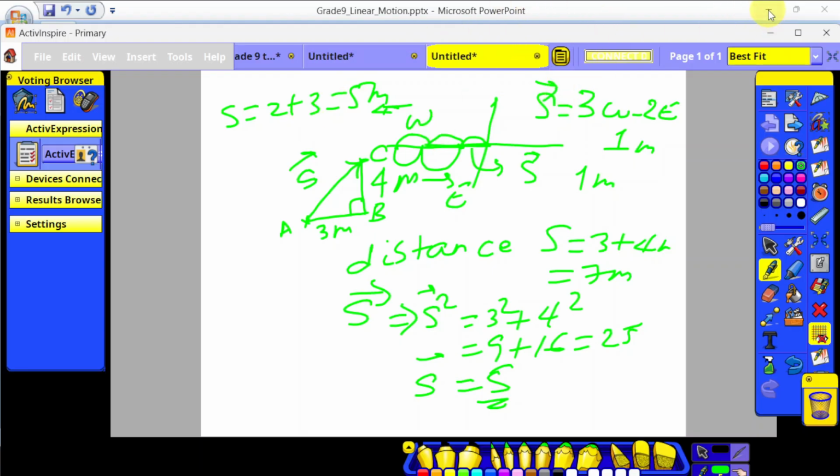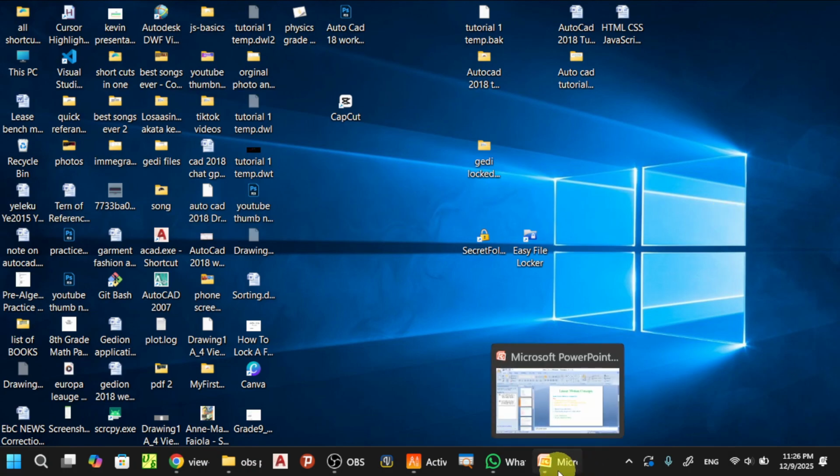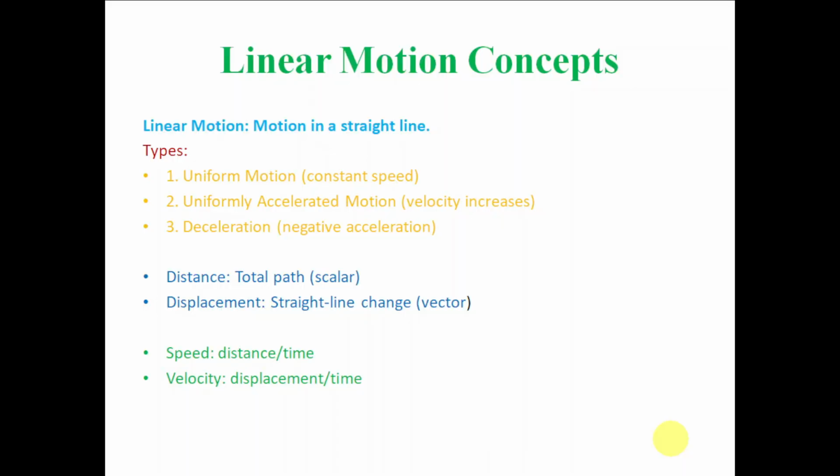And let's keep talking about the other thing, which is speed. Speed is distance over time. Speed is a scalar quantity, while velocity is displacement over time, so it is a vector quantity.